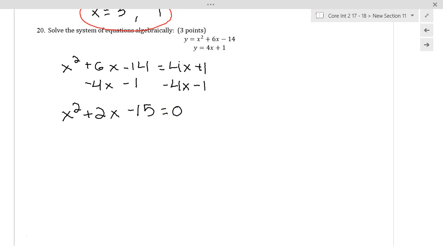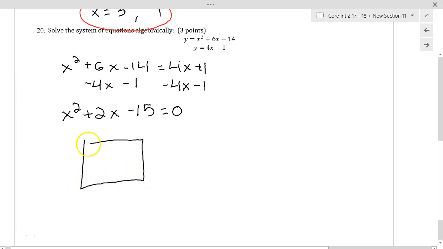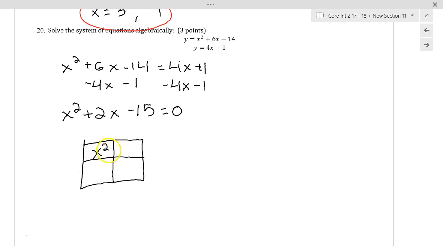Okay, then I really can use any method. We have 3 of them to solve this. I could factor, I could complete the square, or I could use the quadratic formula. The method I'm going to use is just factoring. So x squared and negative 15. I want to multiply to negative 15. I want to add to 2.